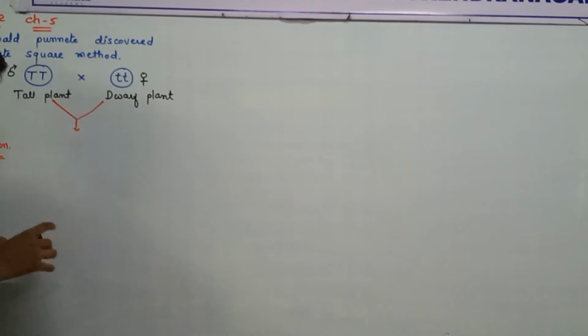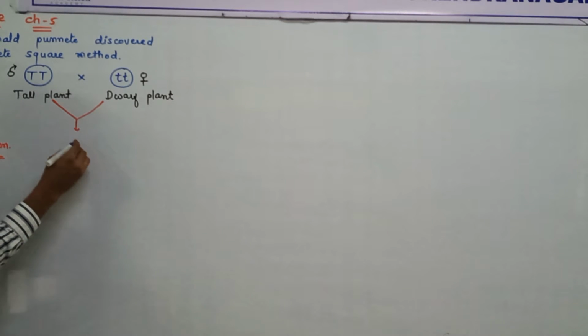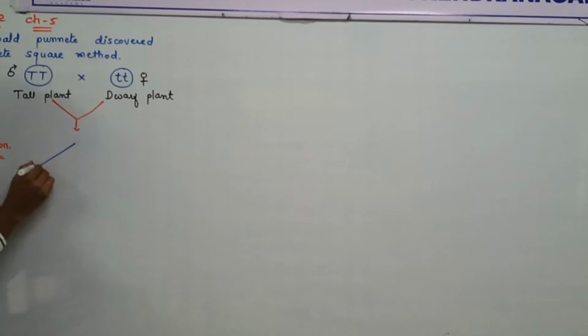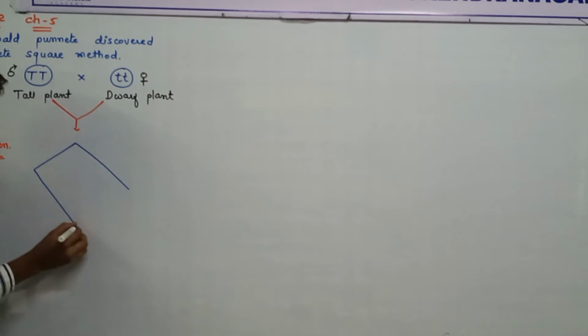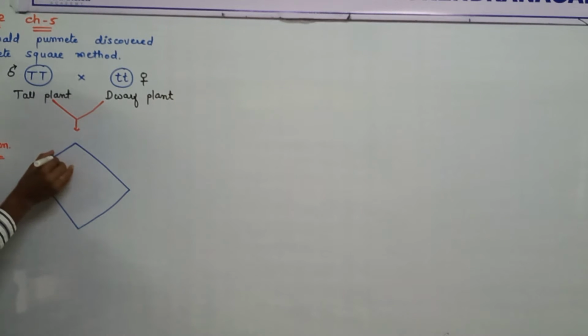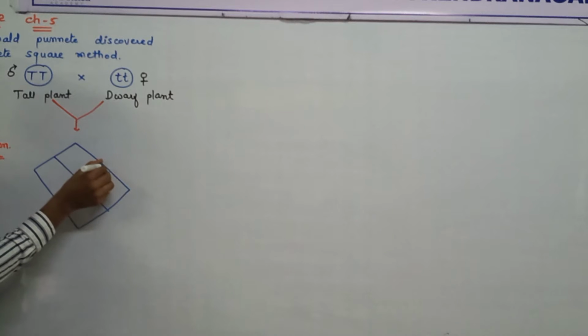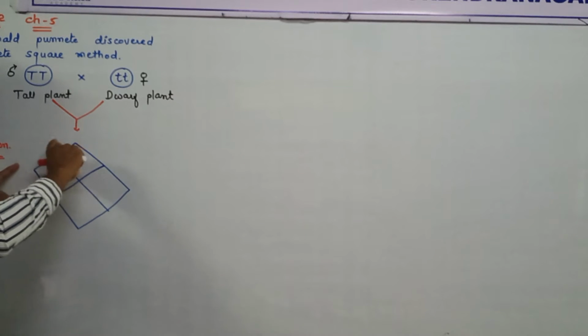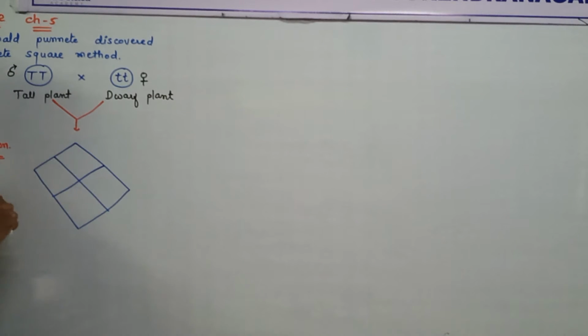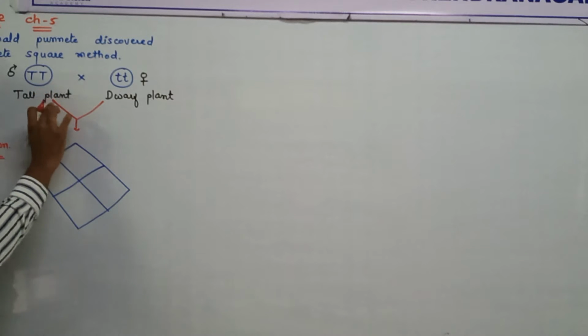See, here you draw this square like this. Fine, and you make 4 parts here. So on one side you write the gametes.